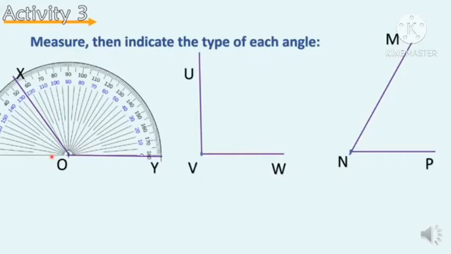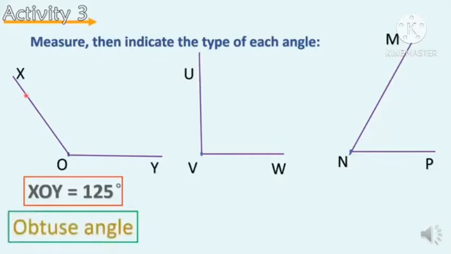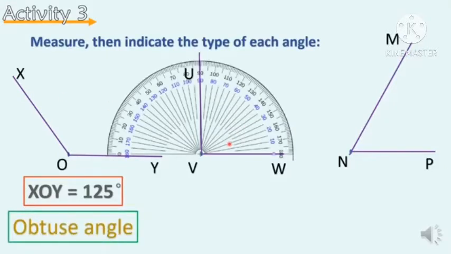Put the protractor on the vertex O and 0 on this side. Starting from the right, count its measure, it's 125. So what's its kind? It's an obtuse angle.